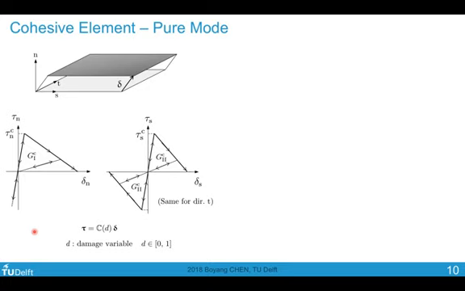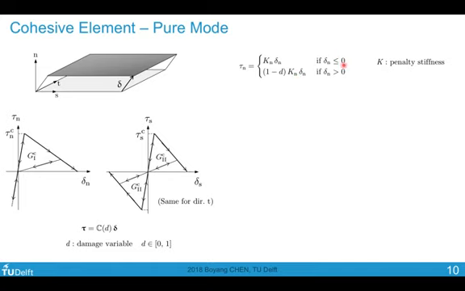How it works is that, for instance, in mode 1, when we have opening, which means delta n larger than 0, we degrade the mode 1 penalty stiffness by 1 minus d. When d equals 0, this term equals 1, and we retrieve the original penalty stiffness. When d equals 1, which means that the element has been completely damaged, then this term, the stiffness, goes to 0.